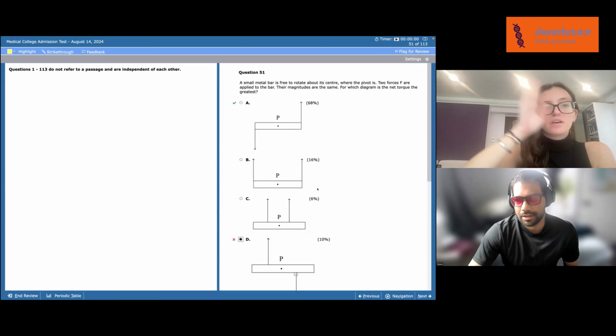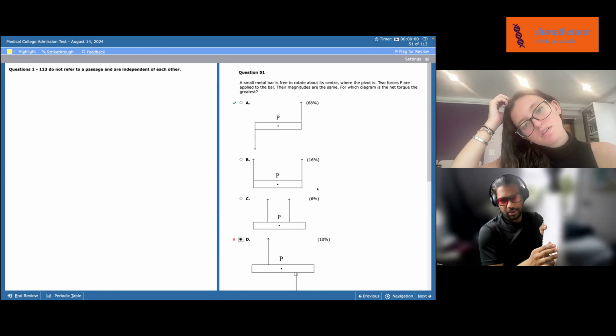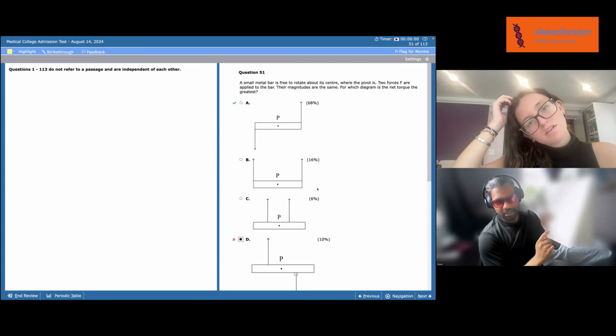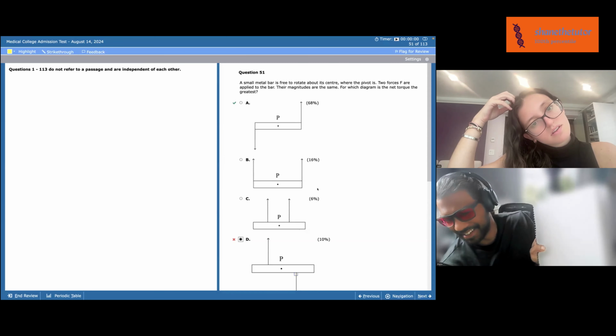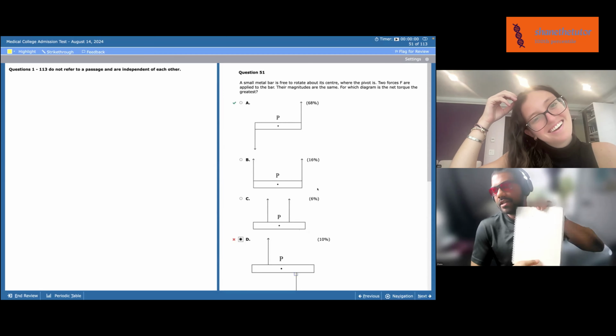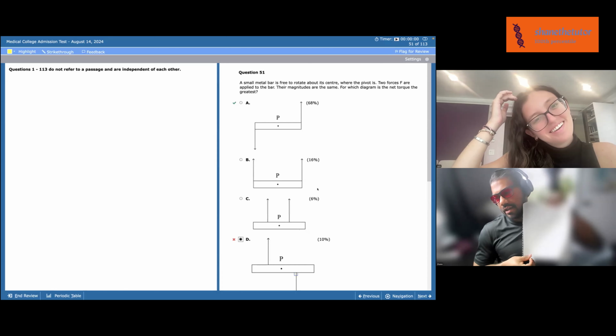Say I have a notebook, would it be best for me to open it close to the spiral? Would it be better to open it from here?